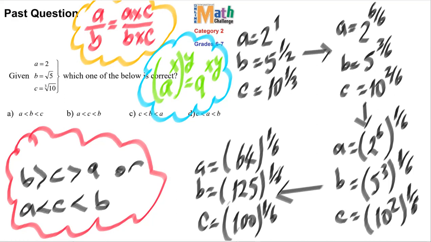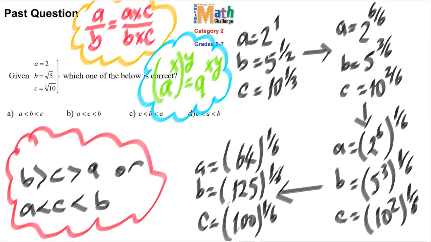In order to compare them, first we change those 3 numbers into exponential forms. If we can get the same degree for all of them, the bottom parts are the degrees. Here, degree is not written, but for root 5, degree is 2.